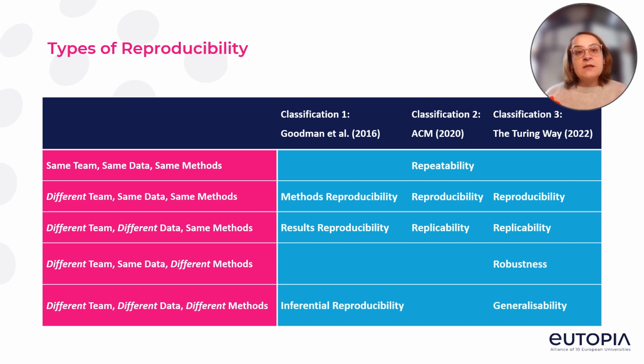And according to this classification, reproducibility happens when the same analysis steps performed on the same data set consistently produces the same answer. Replicability happens when the same analysis performed on different data sets produces qualitatively similar answers.